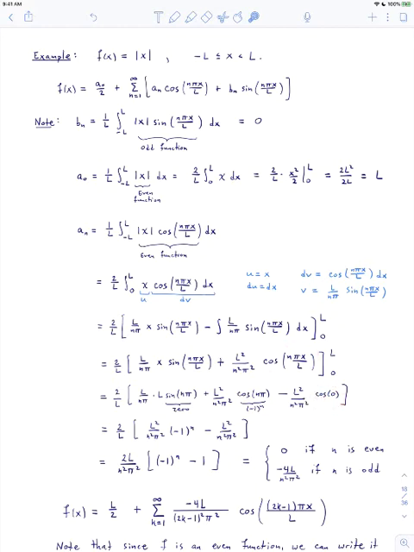Cosine of 0, of course, is 1. And here we have a cosine of n pi, which is minus 1 to the n. So if you collect all of these terms, well, you get rid of the sine term, just write that as 1. You have L squared over n squared times pi squared times minus 1 to the n, minus L squared over n squared times pi squared, which is this term here.